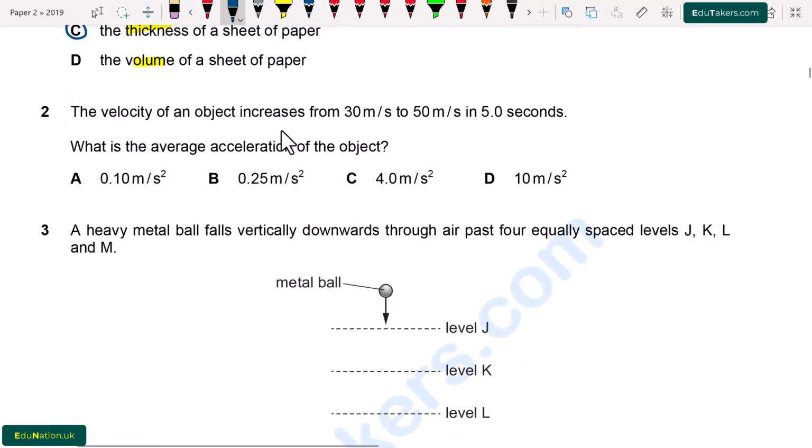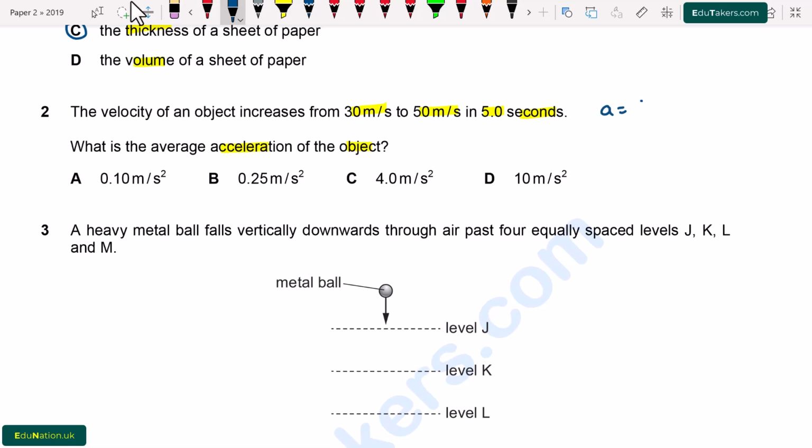Question number 2. The velocity of the object increases from 30 meter per second to 50 meter per second in 5.0 seconds. What is the average acceleration of the object? So here we have to find out the acceleration.